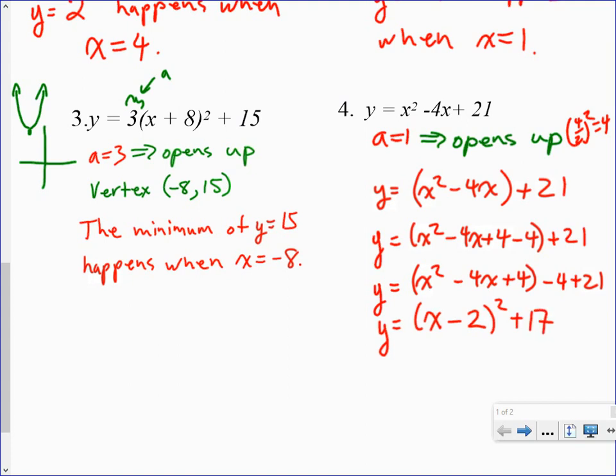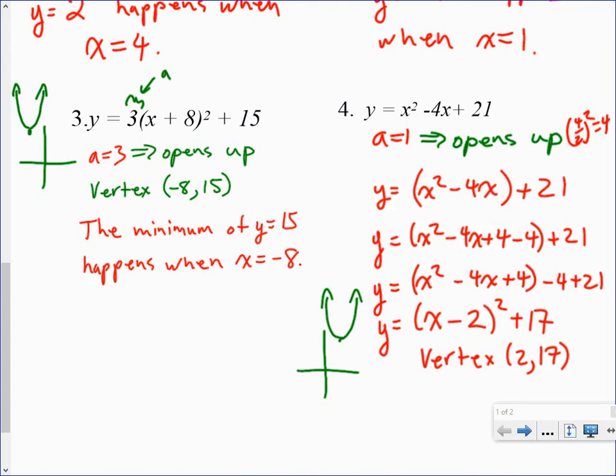So that means our vertex is 2, 17. Now, from before we said that our parabola opens up, so we'll quickly sketch where it is. So suppose that's 2, 17. We know it opens up, so the parabola does that.